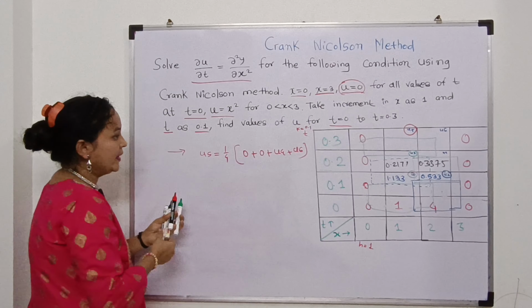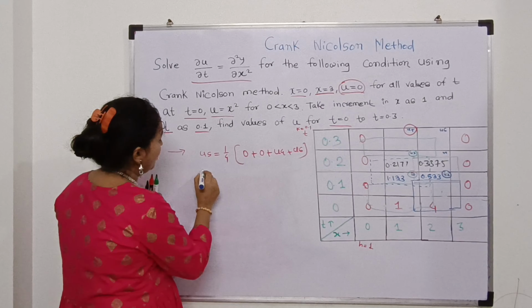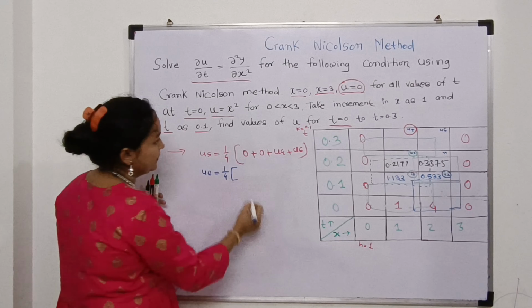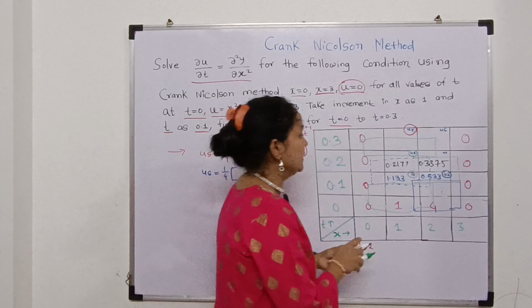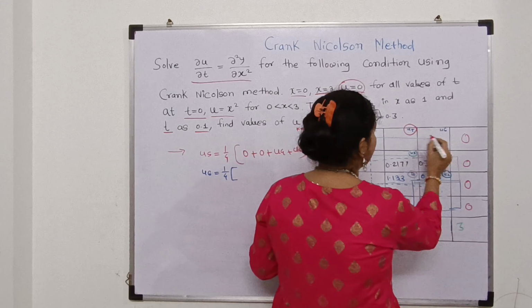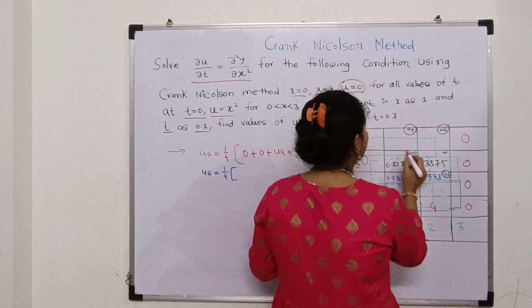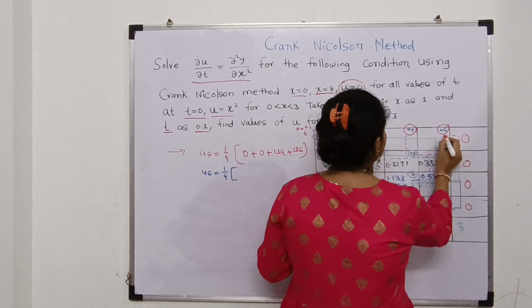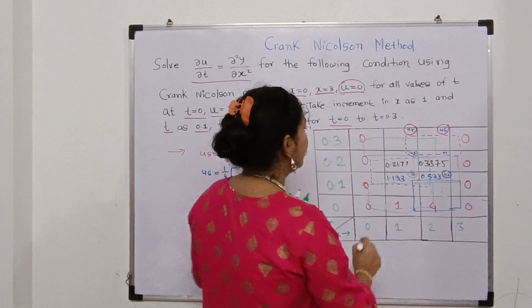Now similarly we quickly calculate for u6, that is nothing but again the average, that is 1 by 4. So u6 is here, again it is at the middle point and you are supposed to consider this.